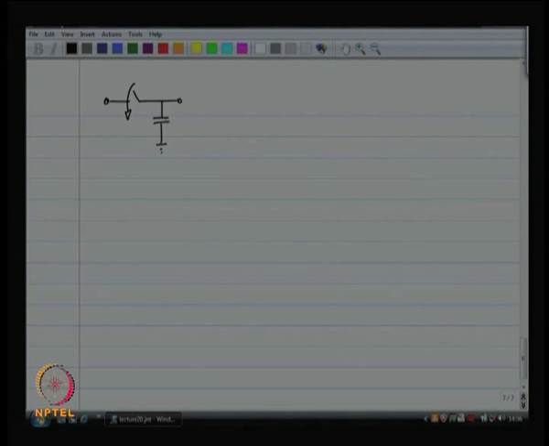Then suddenly you switch off the switch, in which case the switch is now a resistor which is very large, that is also fine. The noise that is deposited on the capacitor is kT by C. The mean squared value of the noise voltage that you have deposited onto the capacitor is kT by C. Okay.